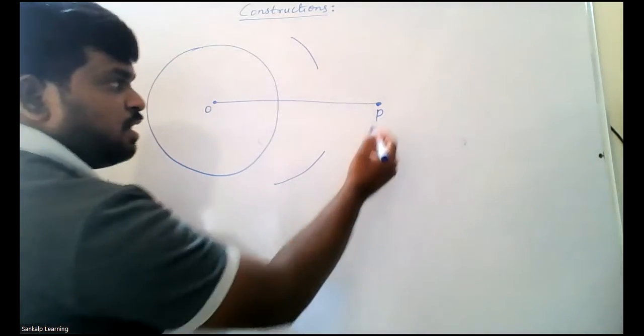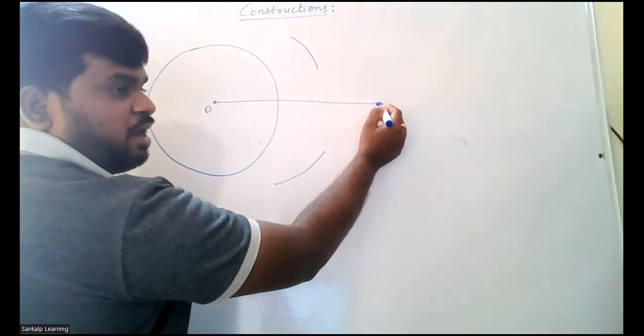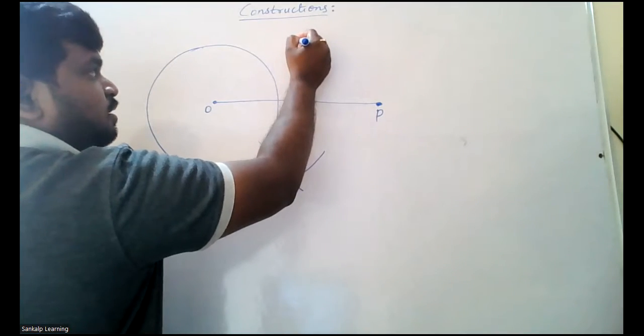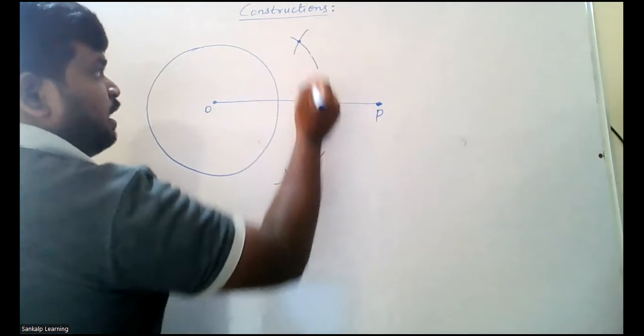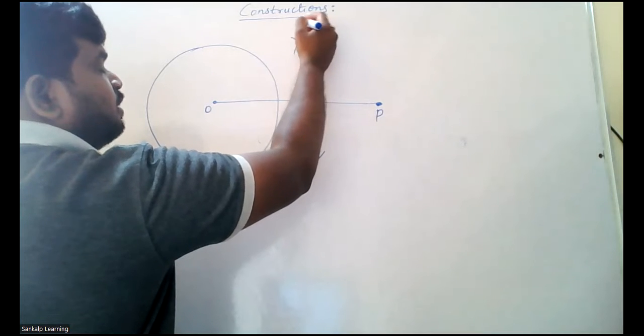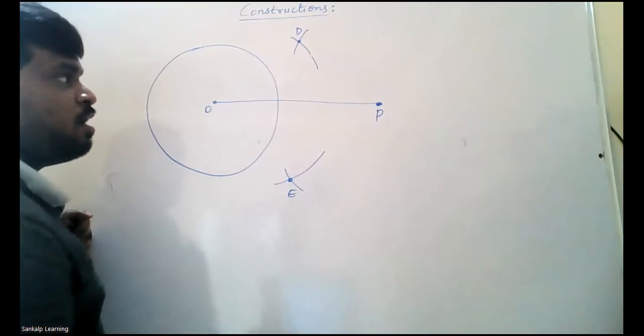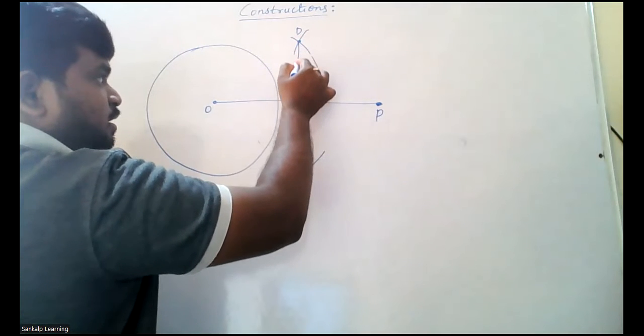With the same measurement, keep the needle of the compass at P and cut an arc above and below, so both will meet at some points. Let's call them D and E. Now join D and E.